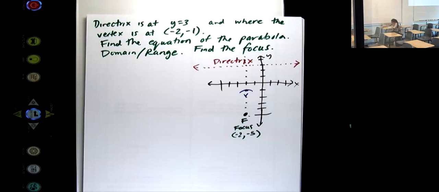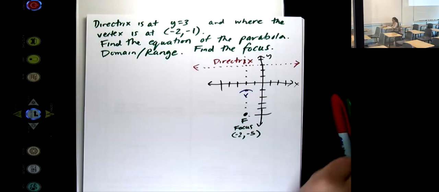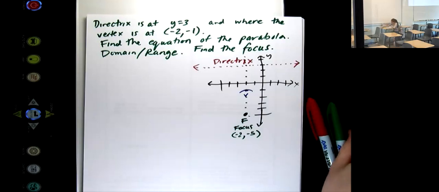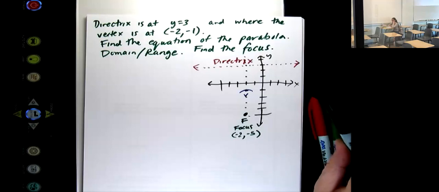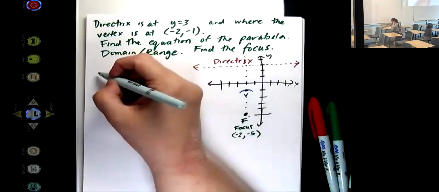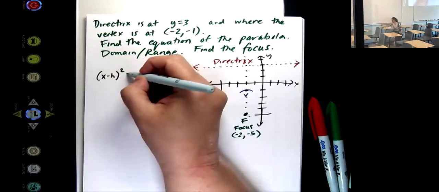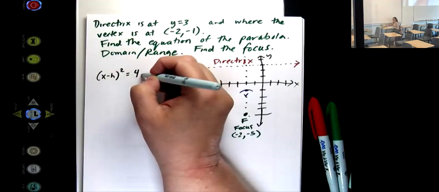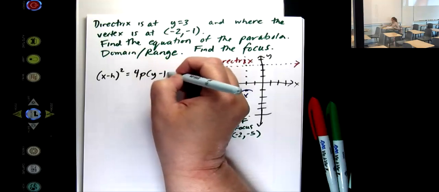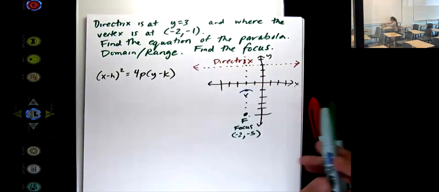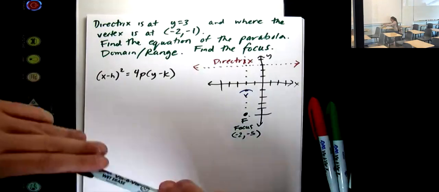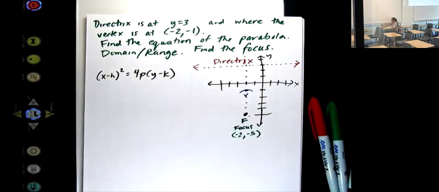So it's opening up and down. Which equation do I want to use? The x minus h squared one, yes. Up and down is where x is squared. So what should I have?